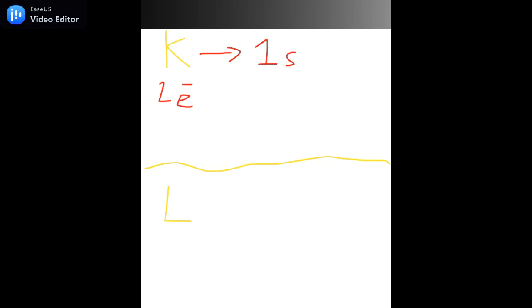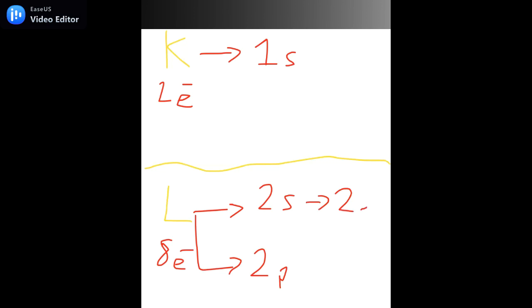Now, the L shell has 8 electrons. These are contained in 2 subshells, 2s and 2p. The 2s subshell also acts as an orbital because again it has only 2 electrons. And the 2p subshell has 6 electrons.